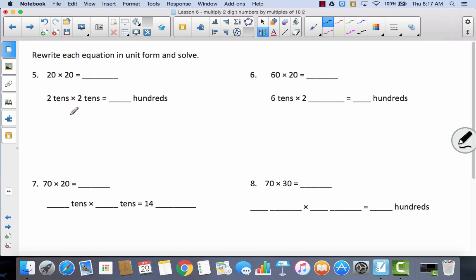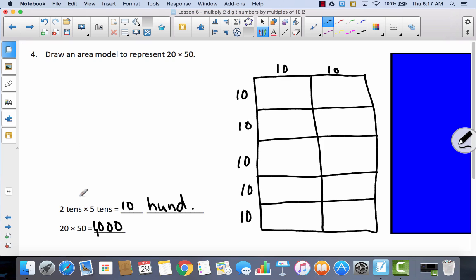So 20 times 20 is the same thing as 2 tens times 2 tens. So hopefully in our last couple of problems you started to notice that we took this number and we multiplied it together. 2 times 5 is equal to 2 5s, which is equal to 10. And 10 times 10 is always 100.